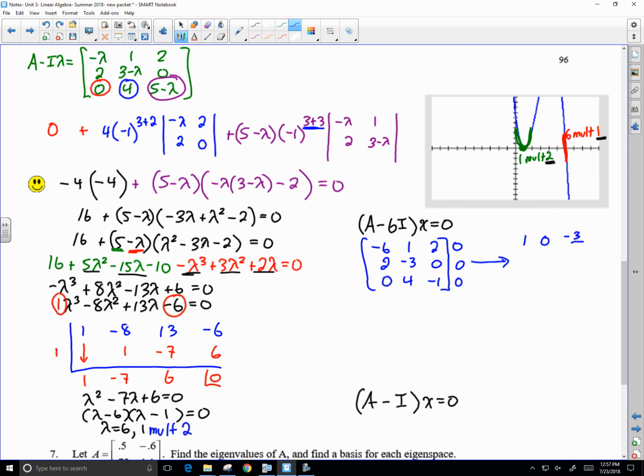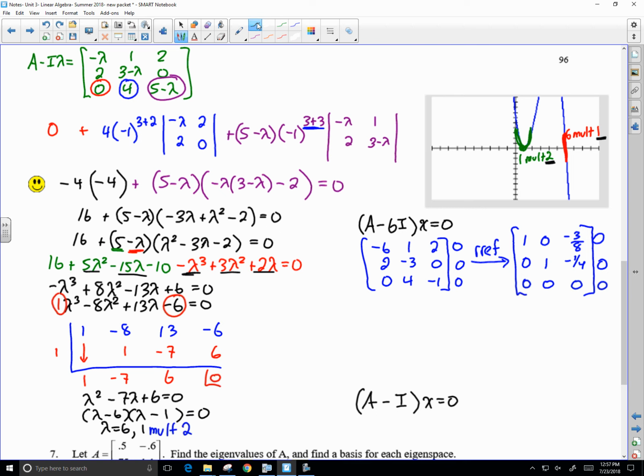All right, so I got 1, 0, negative 3/8, 0, 0, 1, negative 1/4. Also, always ending in 0. So we're looking at, these are all x3 measures, those non-zero quantities, so we're looking at x equals, I'll show the intermediate stuff.